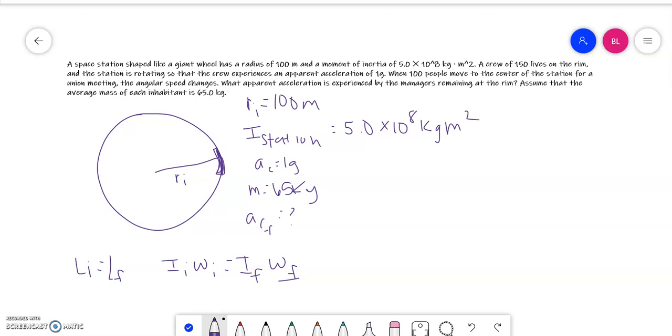So our initial moment of inertia is equal to the moment of inertia of the crew plus the moment of inertia of the station. And the final moment of inertia is equal to the moment of inertia of the managers plus the moment of inertia of the station.